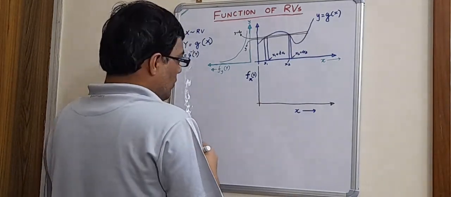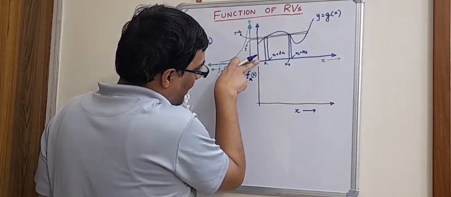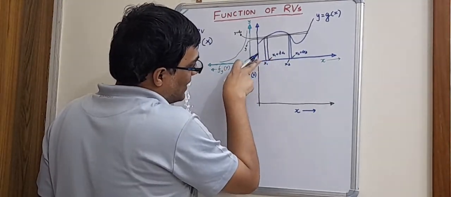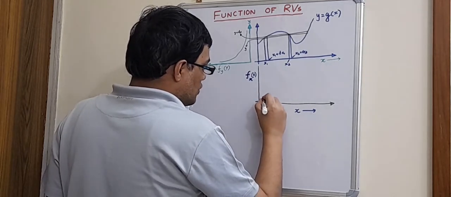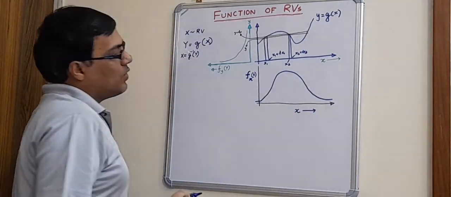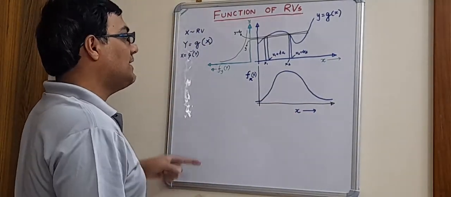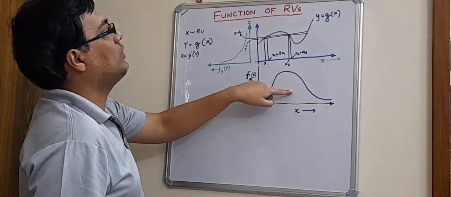So now what we will do is, we will try to project these points, that is x1 and x1 plus dx1, to this random variable x. So basically we are trying to do the inverse process. Rather than going from x to y, it is a little convenient to start with y and try to look at what happens to x.